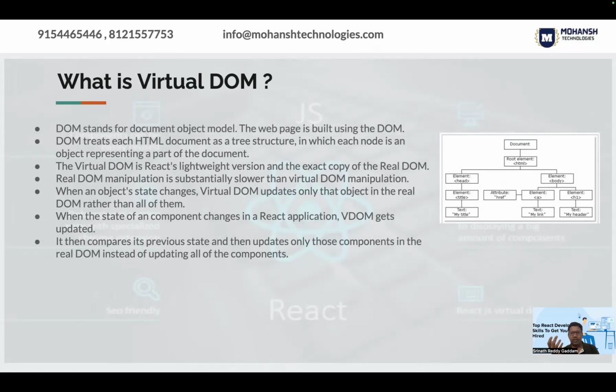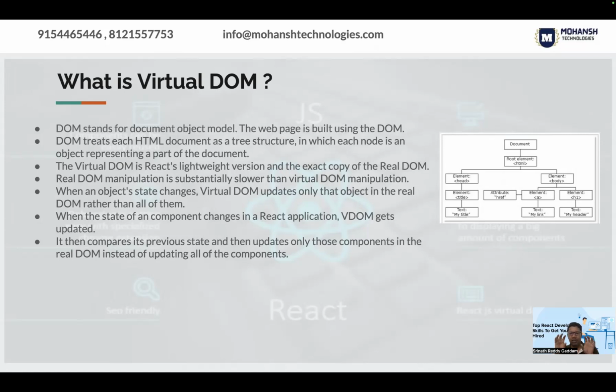What this virtual DOM does is, this virtual DOM compares the real DOM which is running in the browser and checks for any changes have taken place or not. If it identifies that one or two components or one or two nodes have been changed in the virtual DOM, the virtual DOM only makes changes to those nodes in the real DOM instead of making changes to all the nodes in the real DOM.